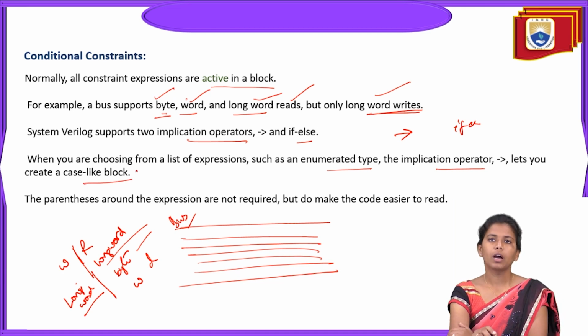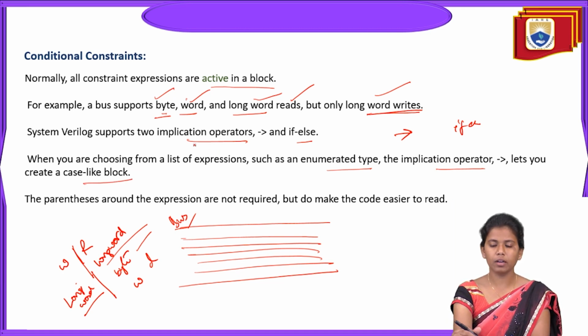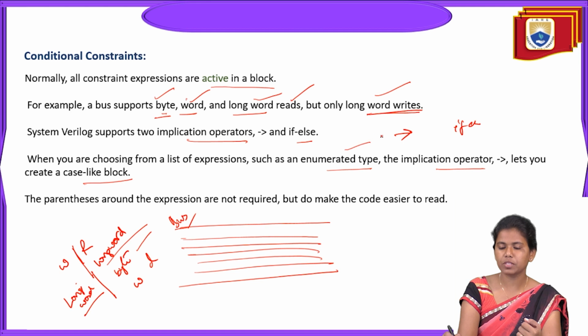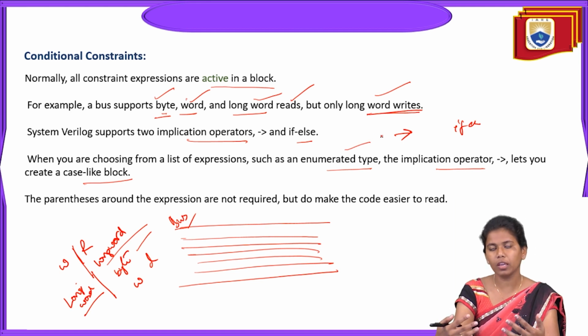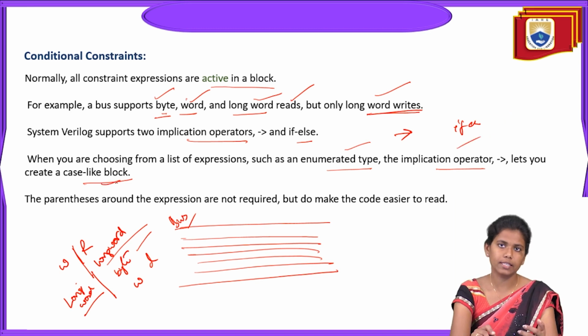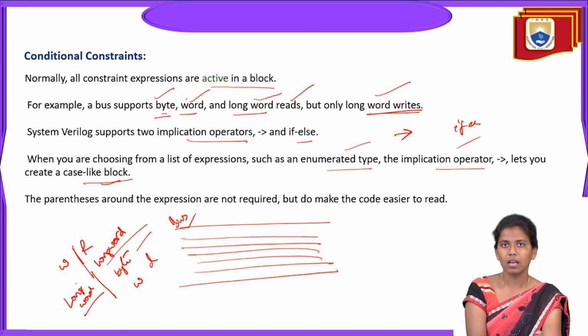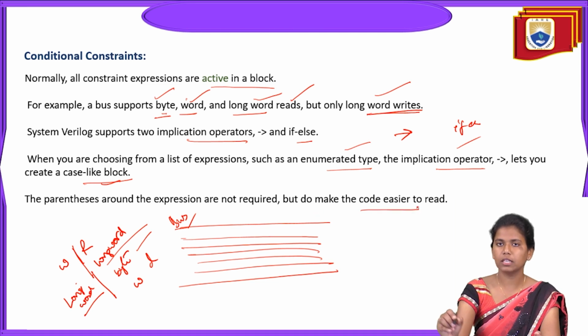So when you are choosing from the list of expressions, you can see the enumerated type, the implication operators, and the case-like block operators. The parentheses around the expressions are not required but do make the code easier to read.